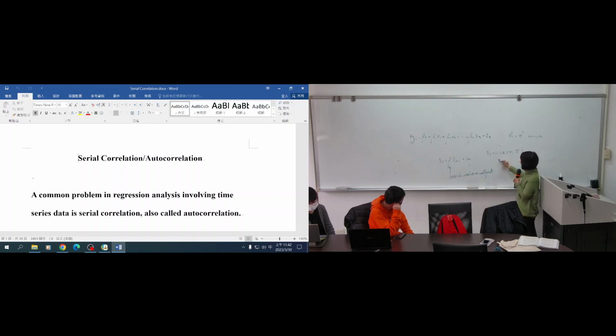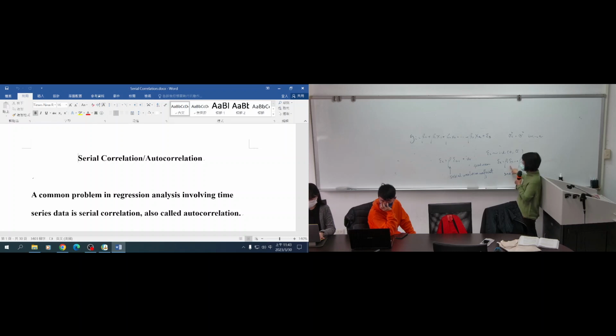If I have rho 1 epsilon t minus 1 plus rho 2 epsilon t minus 2 plus u t, this is the second order, meaning the current error term, the residual, is related not only to the previous one but also to the previous two. So this is called second order, and this is first order.